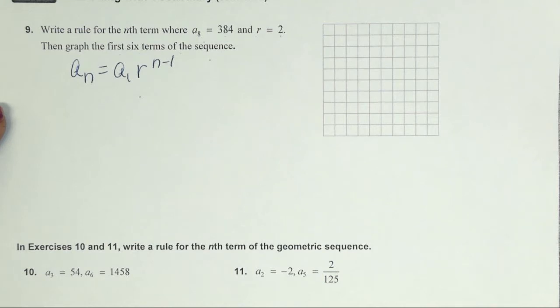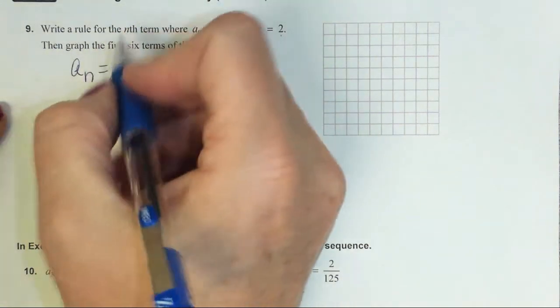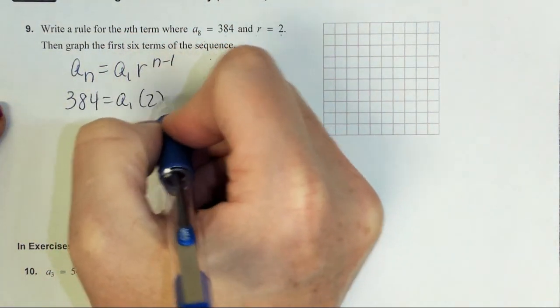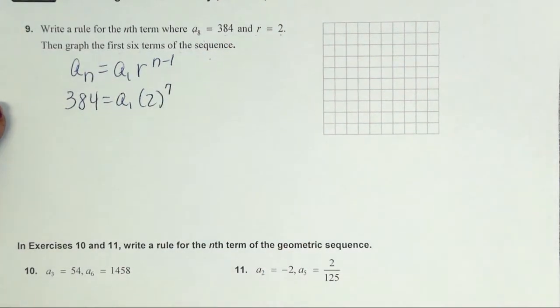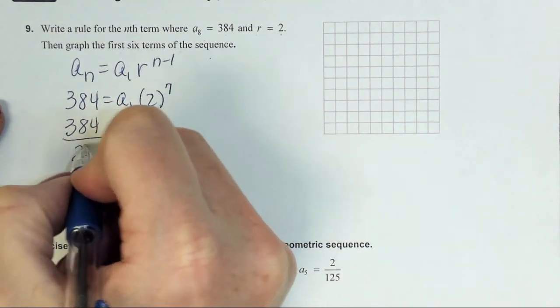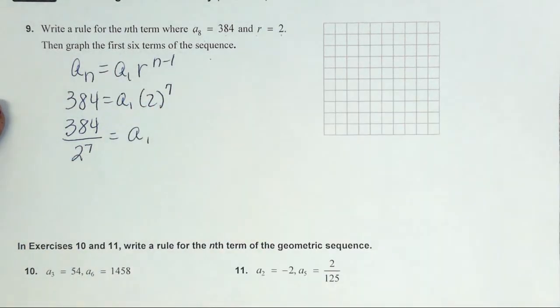Maybe. You would plug in a sub 8, so it would be 384 equals a sub 1 times 2 to the 8 minus 1. Yeah, that's what I was thinking of to find it. So we're going to do 384 divided by 2 to the 7th, and that's going to tell us a sub 1.